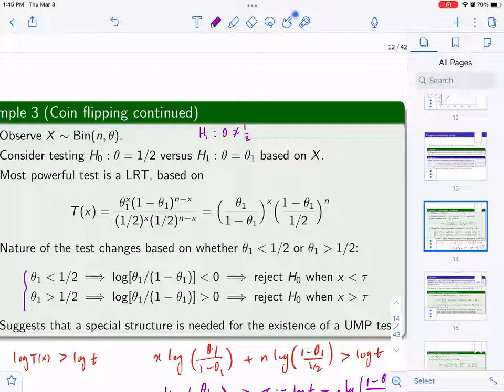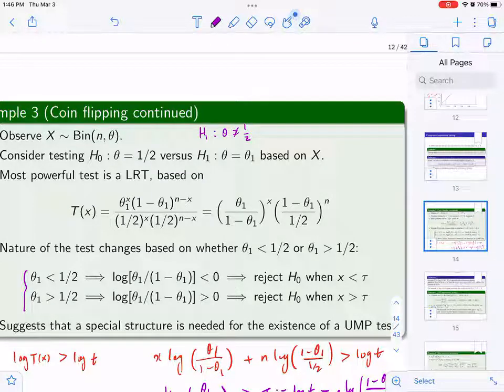If you think a little bit about it, there is no way that I can have something that's most powerful everywhere. By the Neyman-Pearson lemma, something most powerful has to be a likelihood ratio test. If it's most powerful over all the thetas that are less than 1/2, it has to be this test, and then it can't be the other one, because this one is beating it.